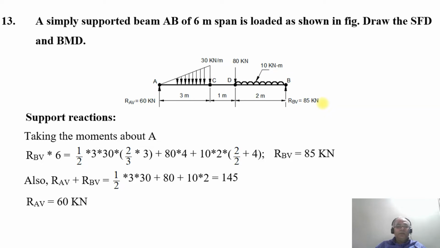Therefore, RAV will be equal to 145 minus 85, which is 60 kilonewton. So when RAV is 60 and RBV is 85, the beam will be in equilibrium.